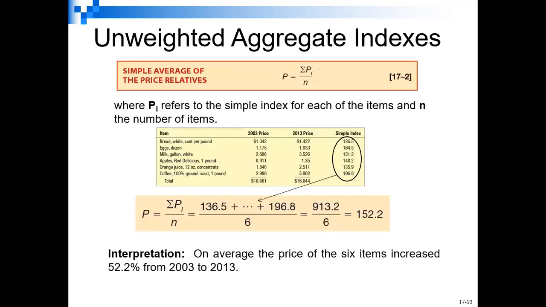All right, so this is what is called an unweighted aggregate index. You don't weight by quantities, and so you don't have the quantities here. You simply take the sum of the price indices and divide by the number of items.